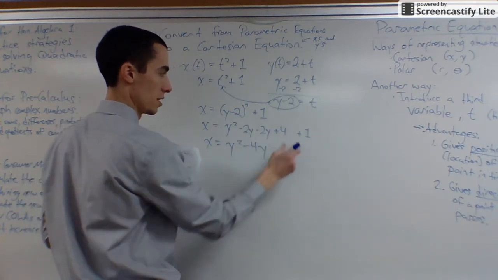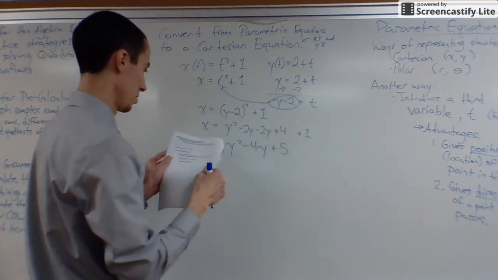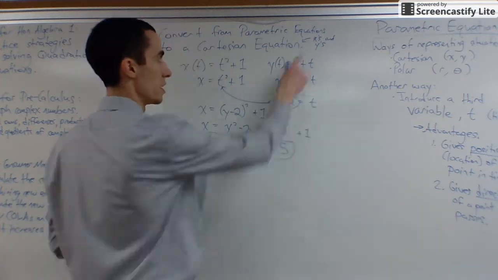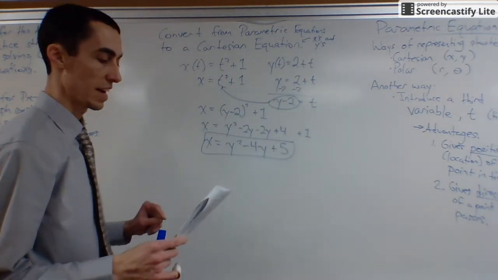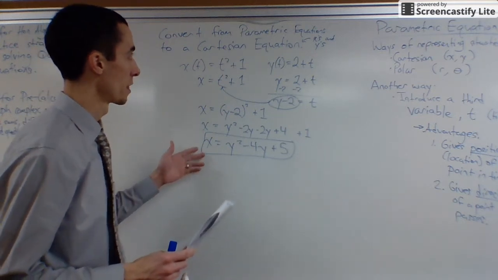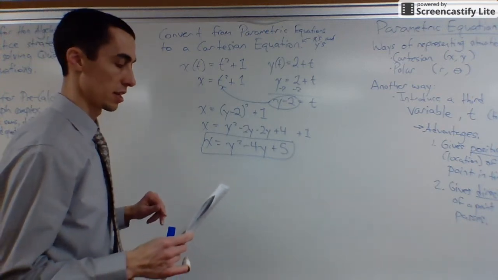Simplify that. Combine the 4 and the 1. And so we've got an equation in terms of just x's and y's. We've eliminated the t's. So now this is a Cartesian equation where we started with a parametric set of equations.